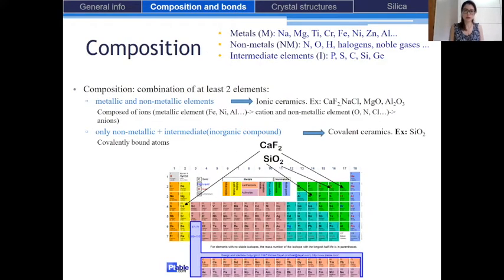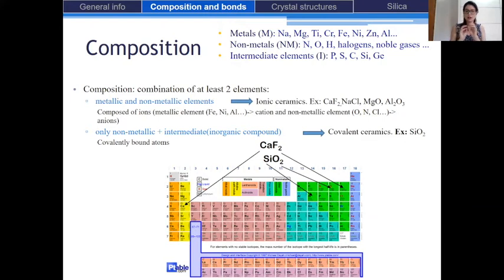So what about the composition? They are composed of at least two elements, metallic and non-metallic elements. In the case of ionic ceramics, this combination of elements leads to ionic ceramics. They are composed of ions that come from metallic elements. The metallic element will form the cation in our ionic ceramic.